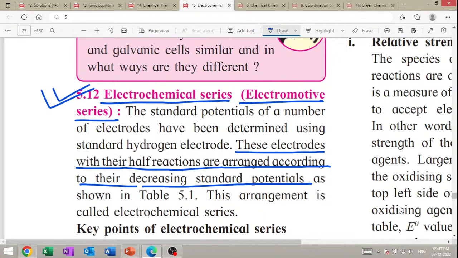So this is a very important phrase: decreasing standard reduction potentials. So this is known as the electrochemical series.